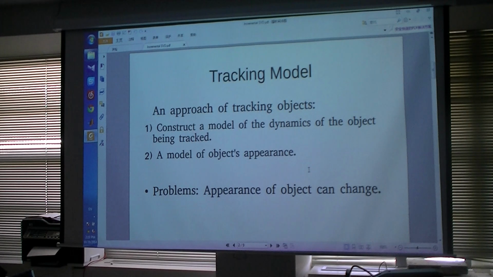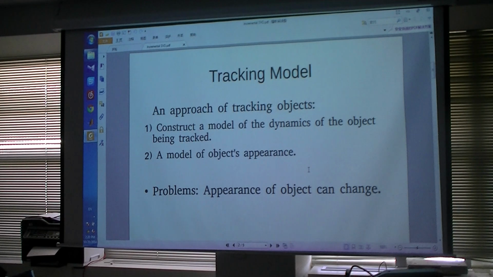First, we want to design a dynamic motion model of the object. For example, if you want to track a human or vehicle, you may need a motion model with a velocity or something. For the easiest situation, you can consider random motion, and so we can use a Gaussian distribution here.